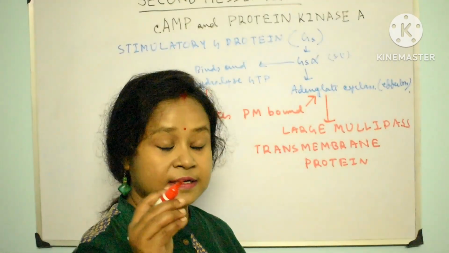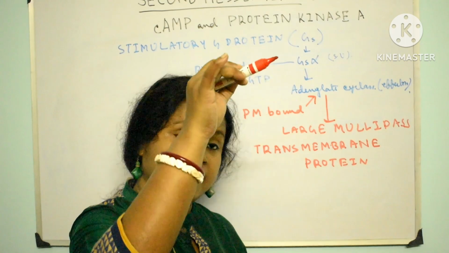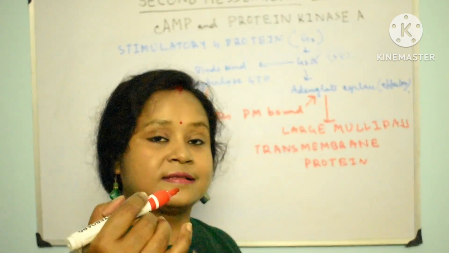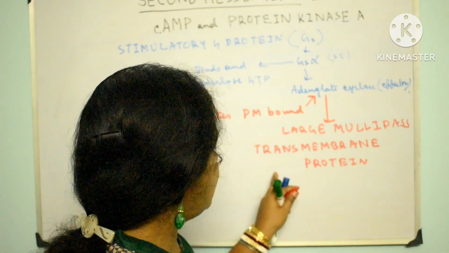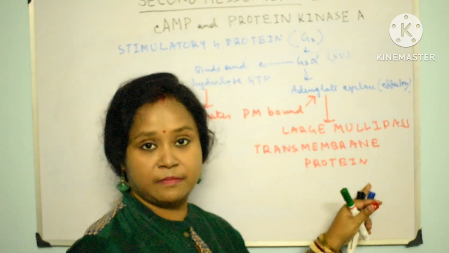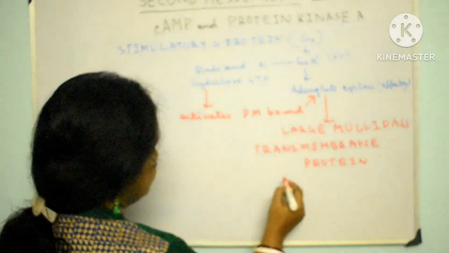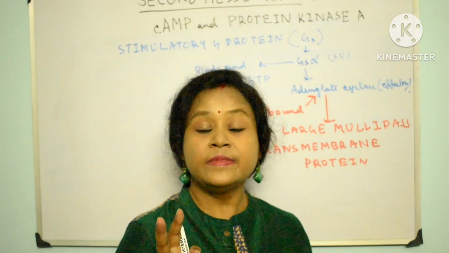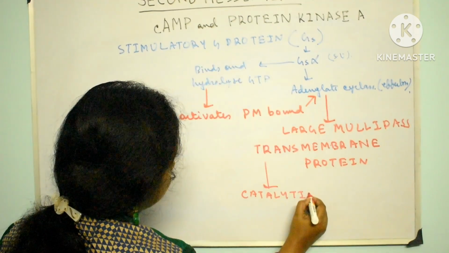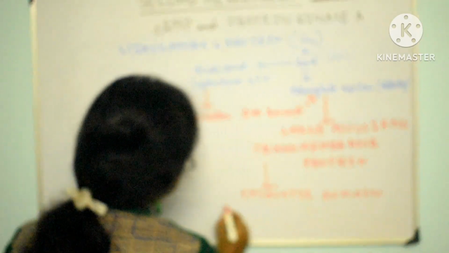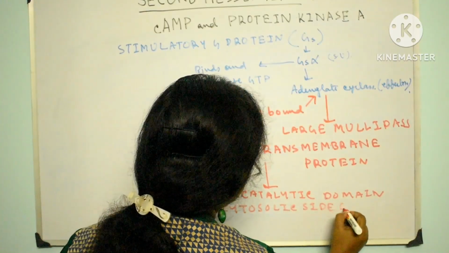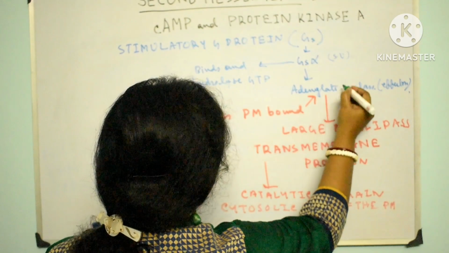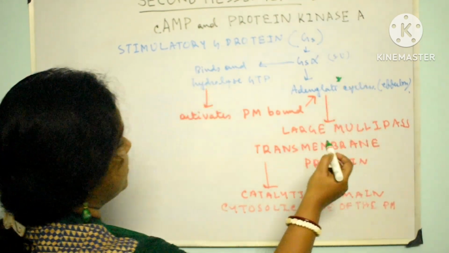Transmembrane means the protein crosses the membrane. Some part is outside the membrane and some part is inside the membrane, and that is called a transmembrane protein. Its catalytic domain is on the cytosolic side of the plasma membrane, and this is the activation sign.